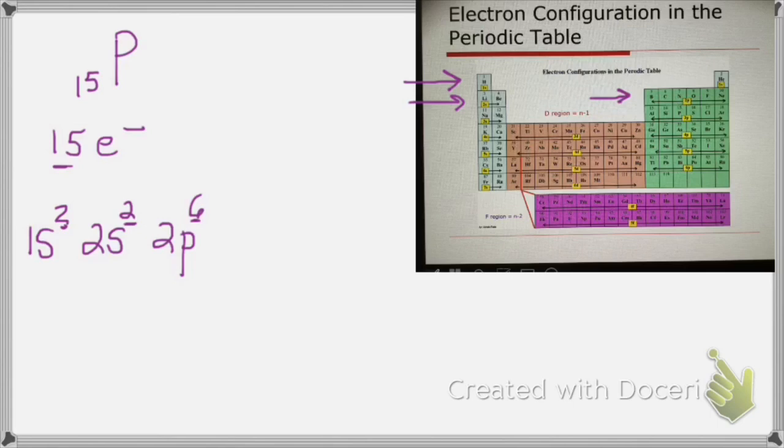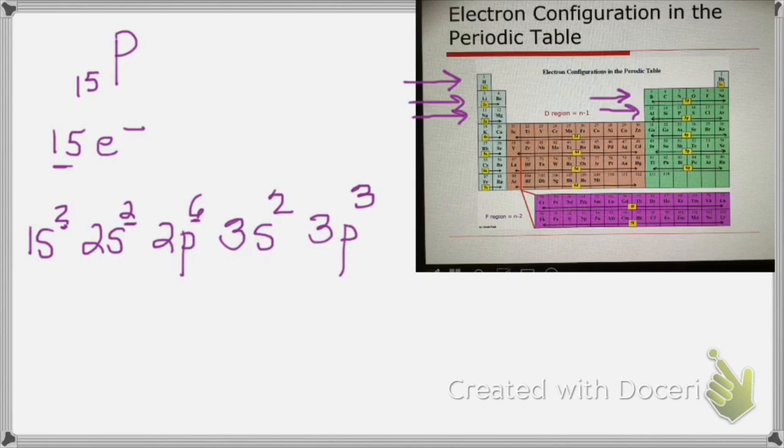Okay, my next step would be 3s. I need both of those. S can never have more than 2. I am up to 12. Now I come to the 3p. I'm at 12 electrons. I only need 3 more.